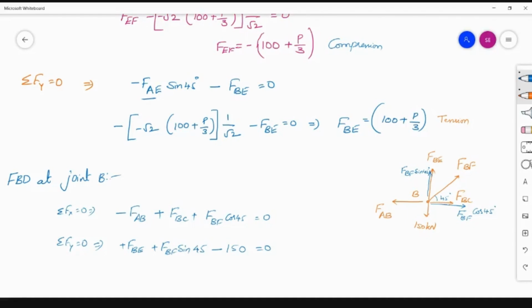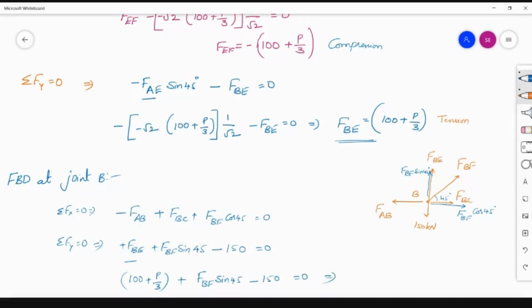Now we know the value of FBE. Substitute here to get FBF value. So substitute that value 100 plus P by 3 plus FBF sin 45 minus 150 equal to 0.